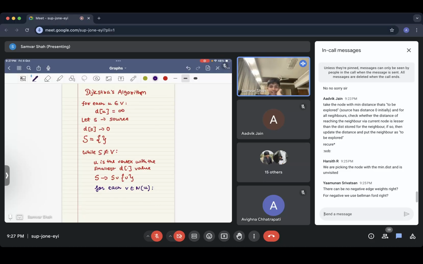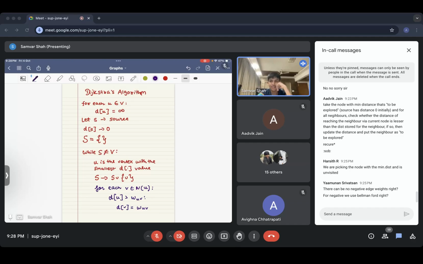Any ideas? Now what? I know this was explained orally, but any mathematical way of writing it? Does anyone have? Or okay, you know what? Let me write it. If D of V is greater than weight of UV, then D of V gets updated. Right? If it's greater than the edge weight, then you just change it and then you move on.